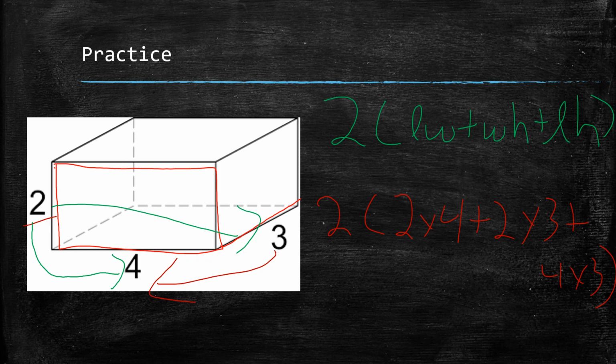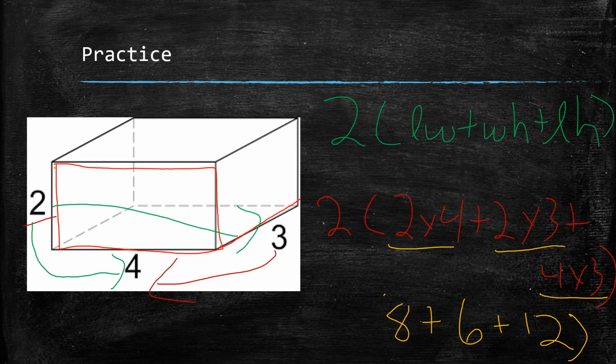So 2 times 4, that equals 8. 2 times 3, that equals 6. 4 times 3, that equals 12. We're going to add that together, and then we're going to multiply it by 2 because we have 2 of each rectangle. 8 plus 12 is 20, plus 6, that is 26.